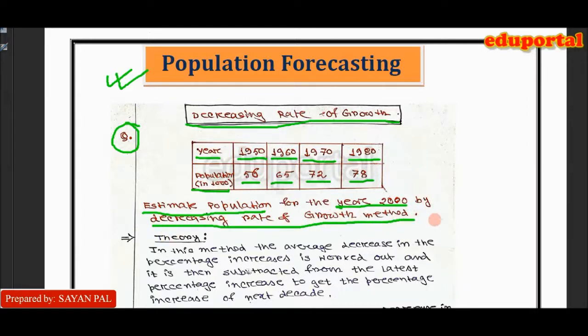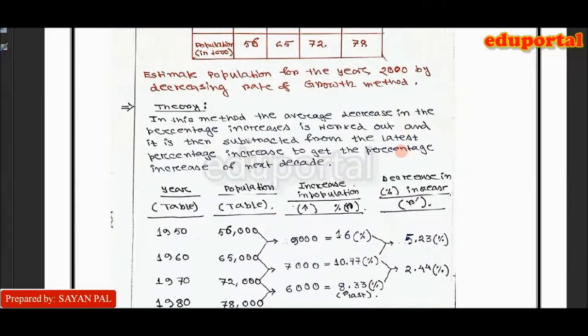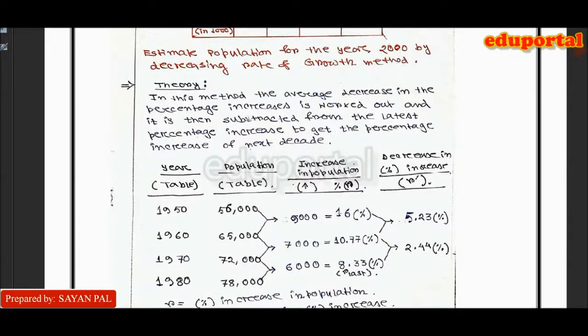Before solving this problem, we will read the theory regarding the decreasing rate of growth. The theory says that in this method we use the average decrease in percentage increase.